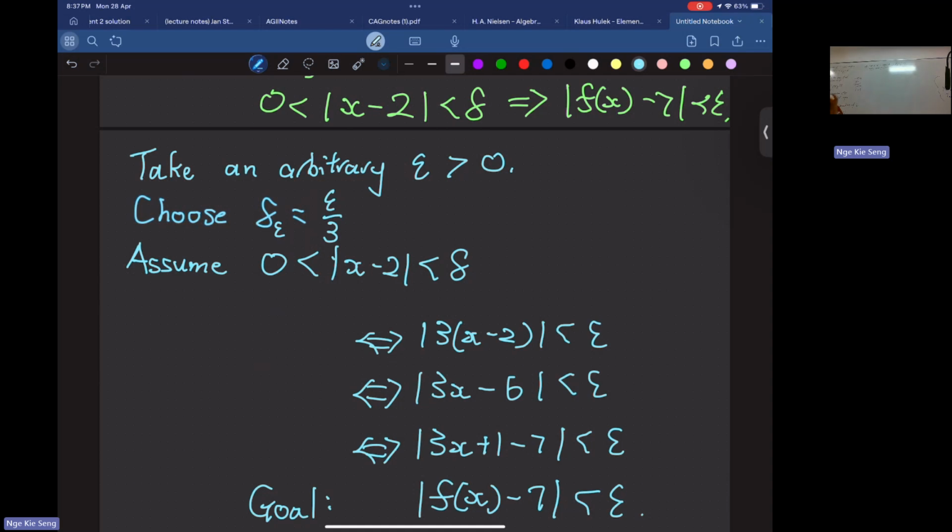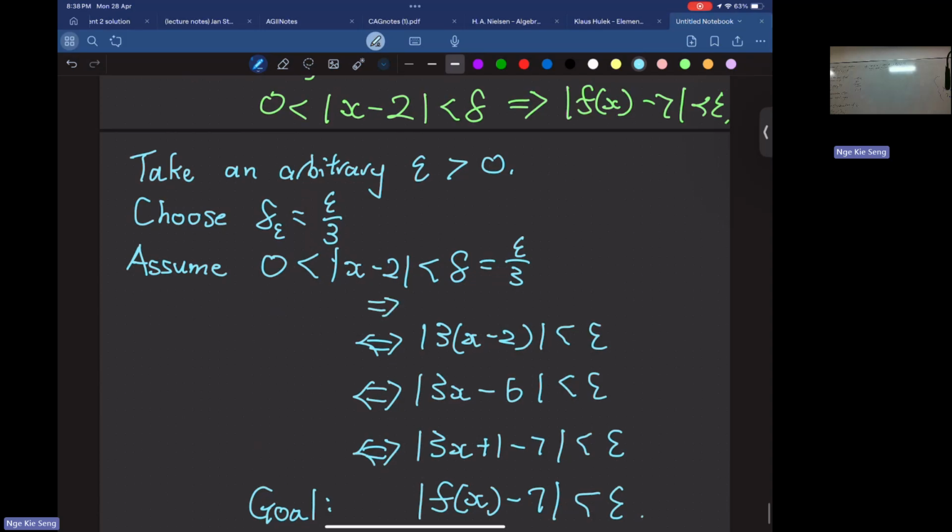And how it works, if I do this, then this delta here will become epsilon over 3. But this is true only if 3 times absolute value of x minus 2 is less than epsilon. Then am I allowed to put the 3 into the absolute value or not?